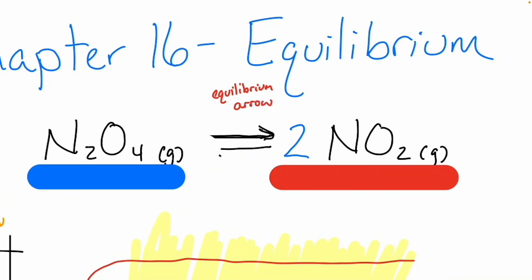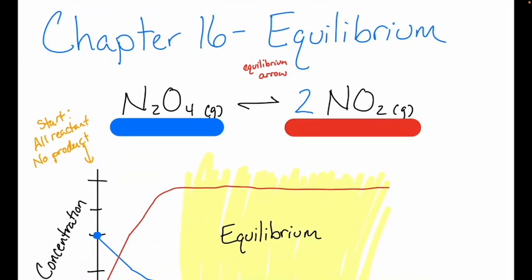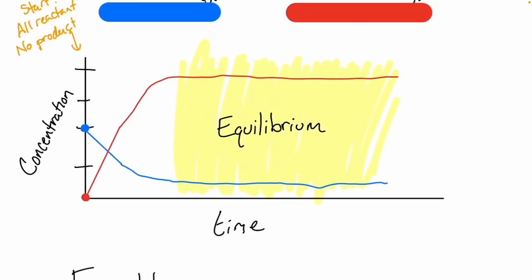The lazy man's form that I default to is like this, as opposed to two stacked on top of each other, right? But we have this double-headed arrow to remind us that this reaction is going in both directions at the same time. Okay? Cool.